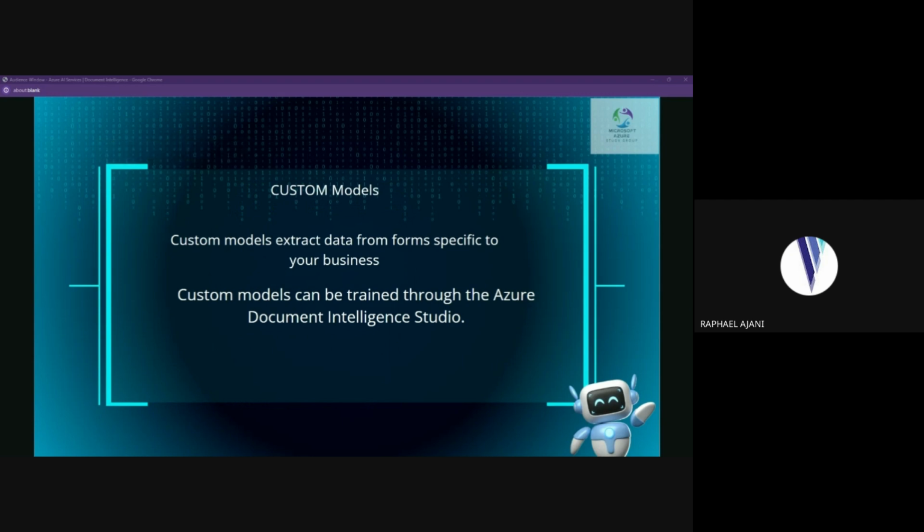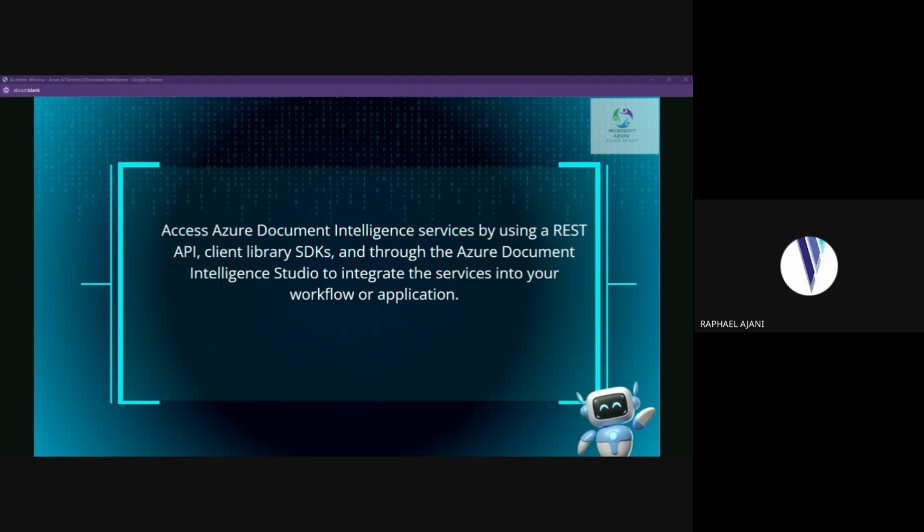I said earlier that the result of every operation is given as a REST API. And then you can also use your client SDK to run the operation and get your output.